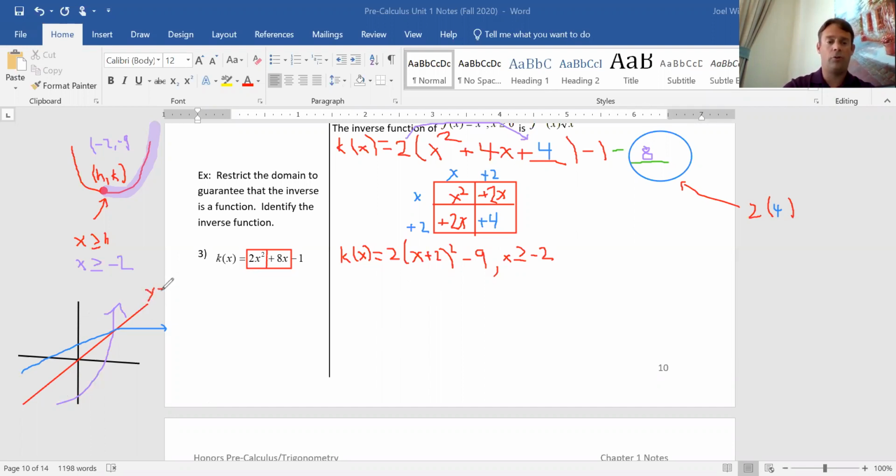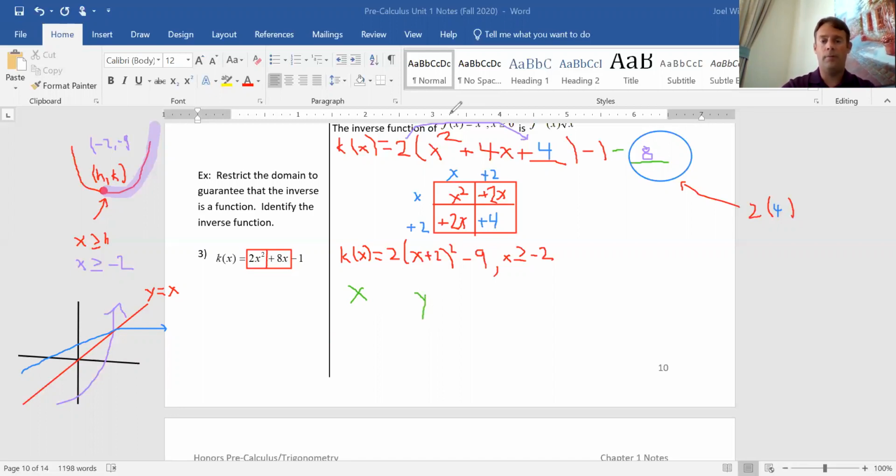So if I want to determine the equation of an inverse function, I have to take my y and my x, so y is k of x, and I have to flip them. This is going to be a two-part thing. The first thing we do is flip our y and our x. Instead of this being y, I'm going to make that x. Instead of this being x, I'm going to make this y.